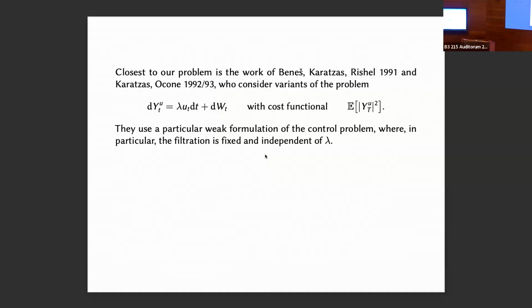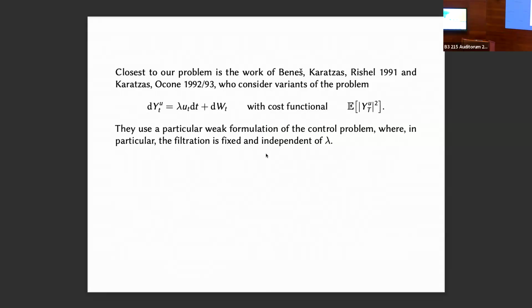In particular, they fix the filtration in a way so that it is independent of lambda. And this seems a bit odd given what we are trying to achieve here, right? Because the filtration is what models our information. And if it's independent of lambda, that means we're not learning anything new along the way. Why are they doing this?